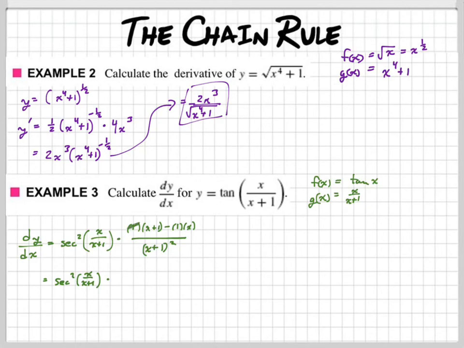This 1 doesn't do anything, this 1 doesn't do anything. Now I just have a negative x right here, and what happens when you have the positive and negative x? Yeah, they cancel each other out. I just have a 1 up top, so it's going to be 1 over x plus 1 squared.